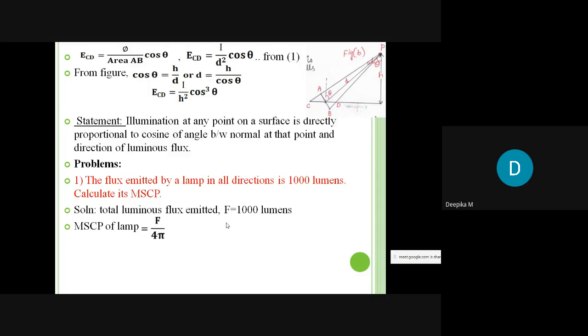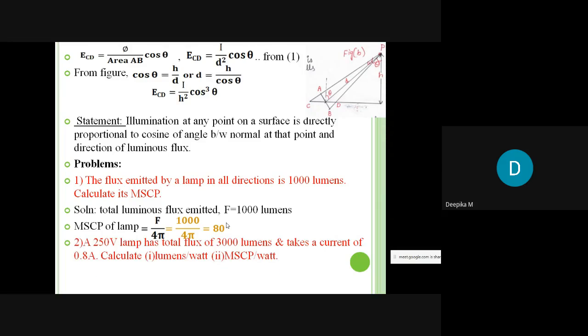So it covers how the flux is radiated overall. So the MSCP of the lamp is F by 4 pi. Flux is 1000 divided by 4 pi, which gives 80.